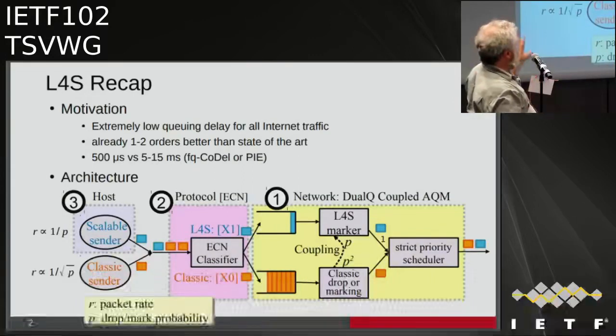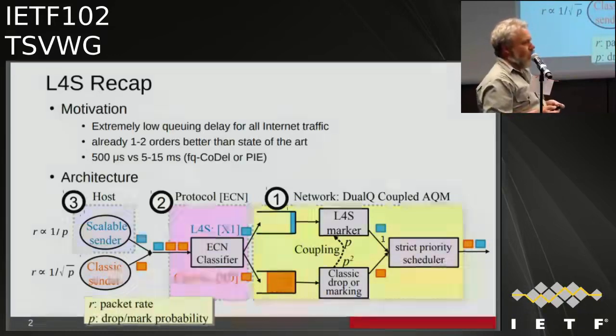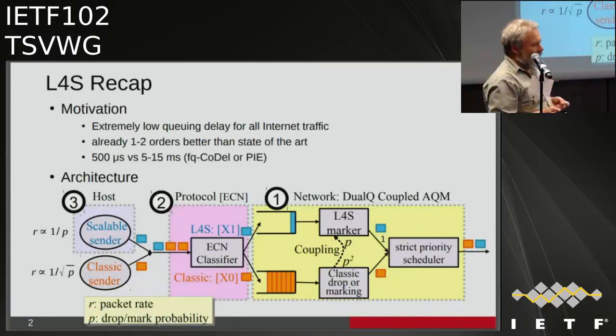The architecture is essentially a new congestion control based on data center TCP at the host, and being able to separate out in the network low latency from other traffic in such a way that the bandwidth is shared as if it were just one queue, but the latency is isolated. So essentially it's all about making sure that classic TCP is separated out and hopefully will fade away over decades. Right. Well, hopefully it would fade away more quickly, but it won't.